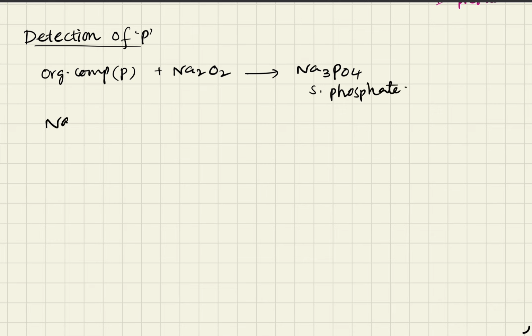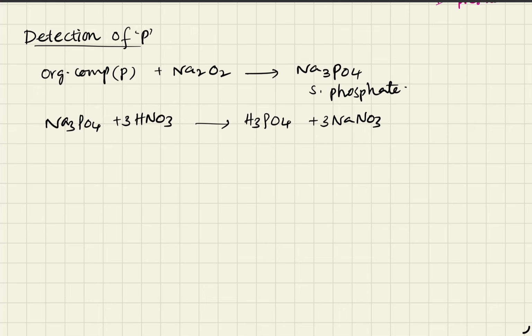Then this Na3PO4 is treated with HNO3 and converted into H3PO4 plus NaNO3. Here, with 3 times, it balances.